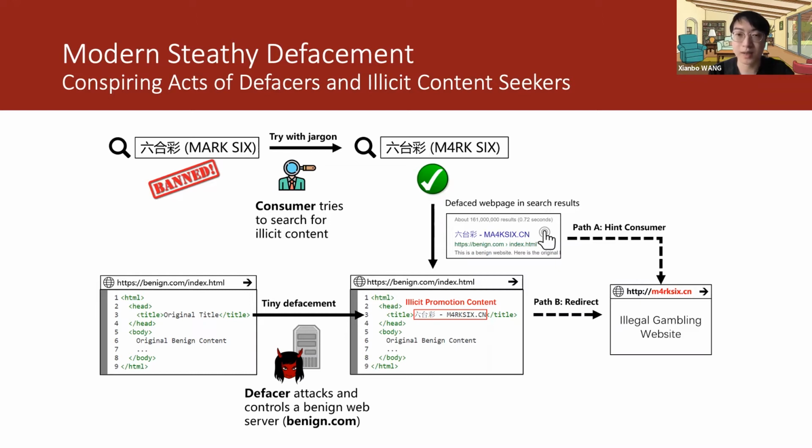Defacers, on the other side, expecting this behavior of their customers, plant corresponding jargons into the hacked websites. Meanwhile, because of the uniqueness of the jargons, defacers only need to insert a minimum amount of content into the hacked website to evade detection, and can still have a good chance to reach their customers.